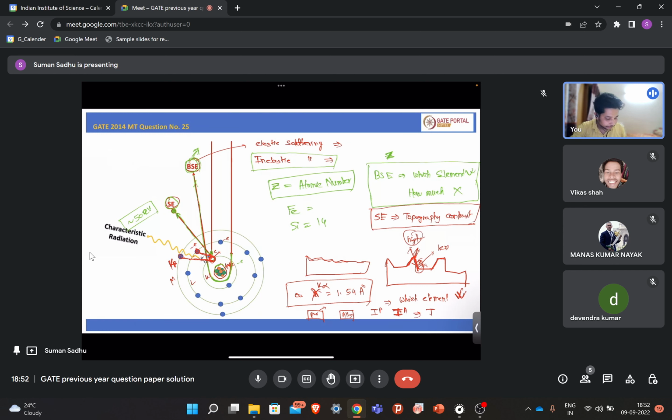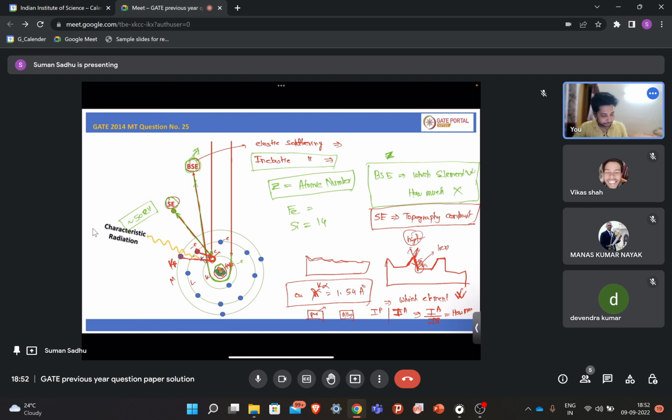If you take the ratio, IA divided by IP, the intensity of the alloy and intensity of the pure sample, this will give the idea how much of that element is present.